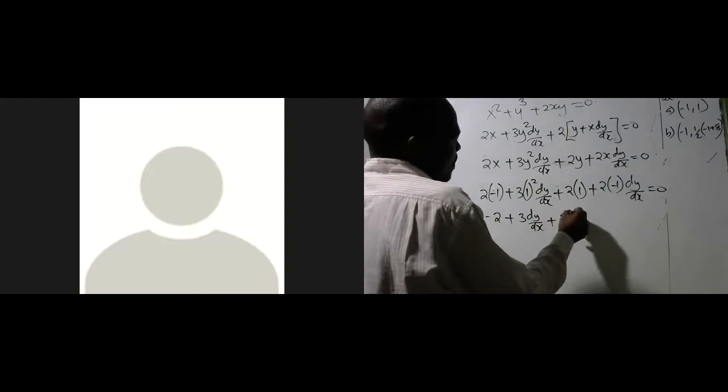When you multiply this one, what do we get? -2, positive 3 dy/dx, positive 2 plus, that's plus -2, that is -2 dy/dx is equal to 0. Then we have this and this that cancel out, and this also like term. So 3 minus 2 is 1. So we're going to have our dy/dx is equal to 0.